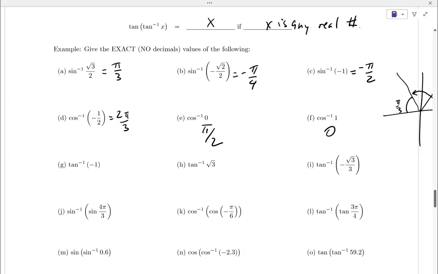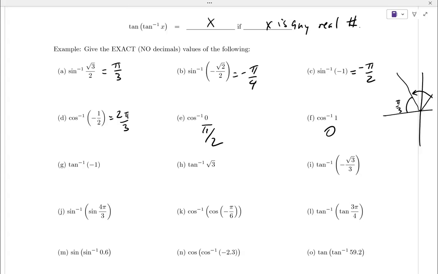Tangent, I think, is a little bit more difficult because usually we think about the tangent with the sines and the cosines. So we've got to figure out what makes up those different pieces. But first, let's ask for a reminder. What quadrant are you looking for your angles in if you're doing inverse tangent? Sine was 1 and 4. Cosine was 1 and 2.